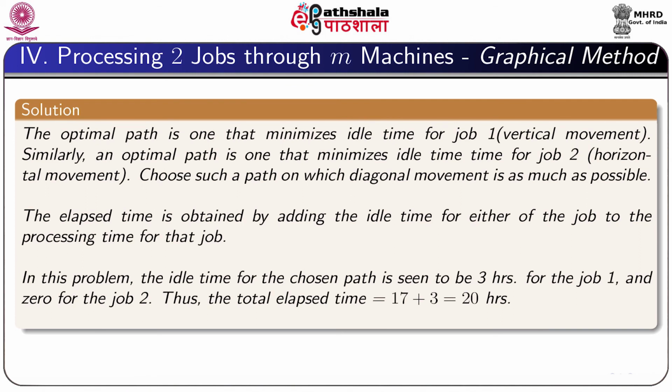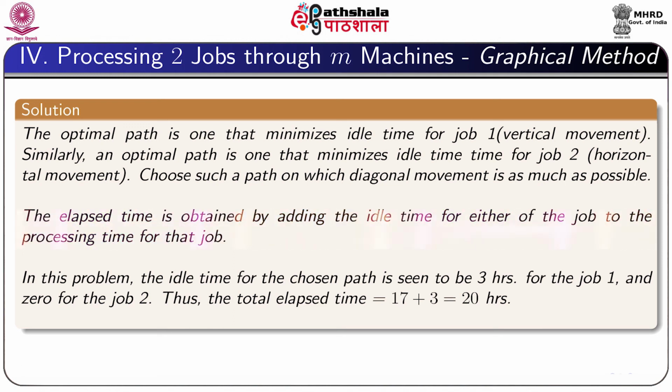The optimal path is one that minimizes the idle time for job 1. Similarly, an optimal path is one that minimizes idle time for job 2. So, we choose such a path on which diagonal movement is as much as possible.